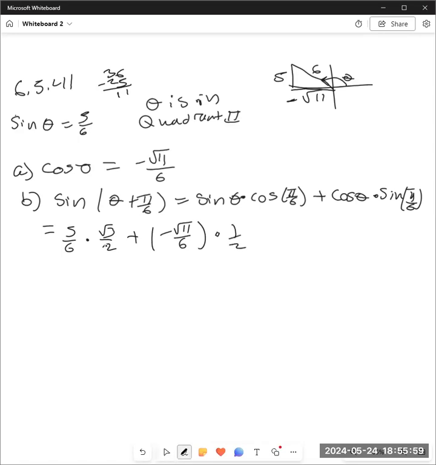It's going to be 5√3 minus root 11 over 12.